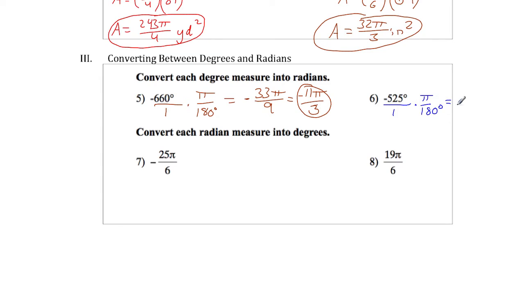So we would get negative 105 pi over 36. 105 is divisible by 3 as well.